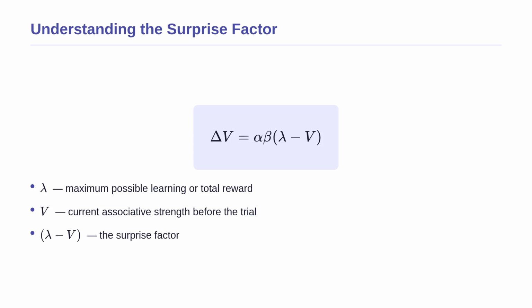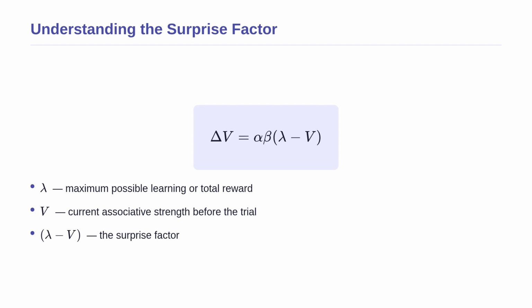Continuing with our formula, let us look at the terms inside the parentheses, which represent the core engine of learning. Lambda represents the maximum possible learning, or the total reward available. V is the current associative strength the animal already has before the trial begins.